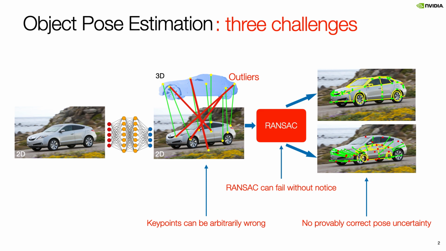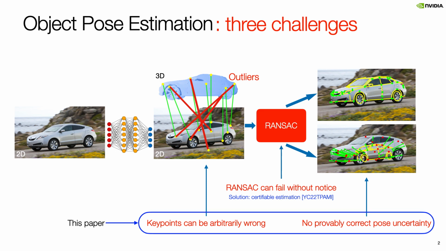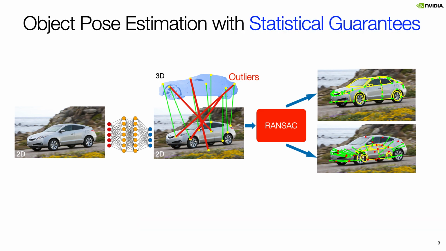Although related work has proposed certifiable algorithms to address the first challenge, in this paper we seek to address the second and third challenges. Specifically, we designed the first pose estimation pipeline with statistical guarantees.